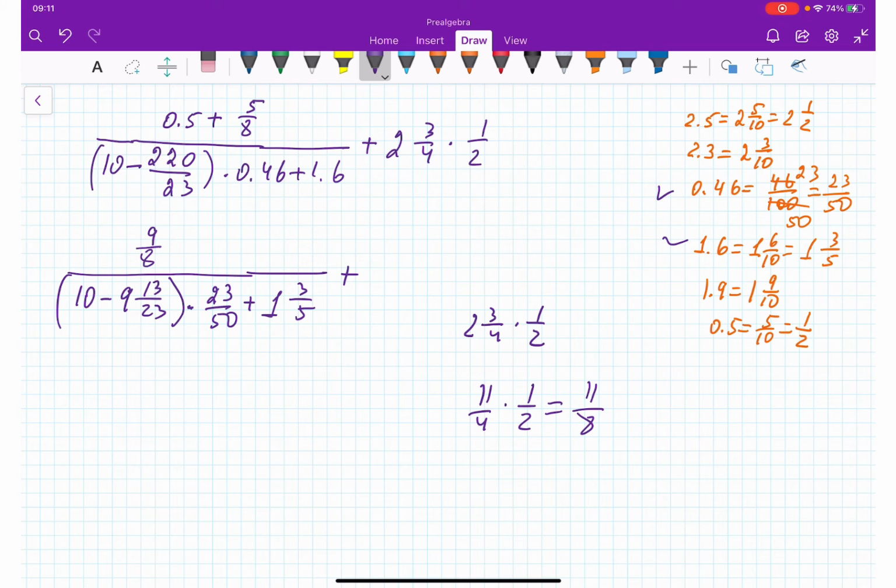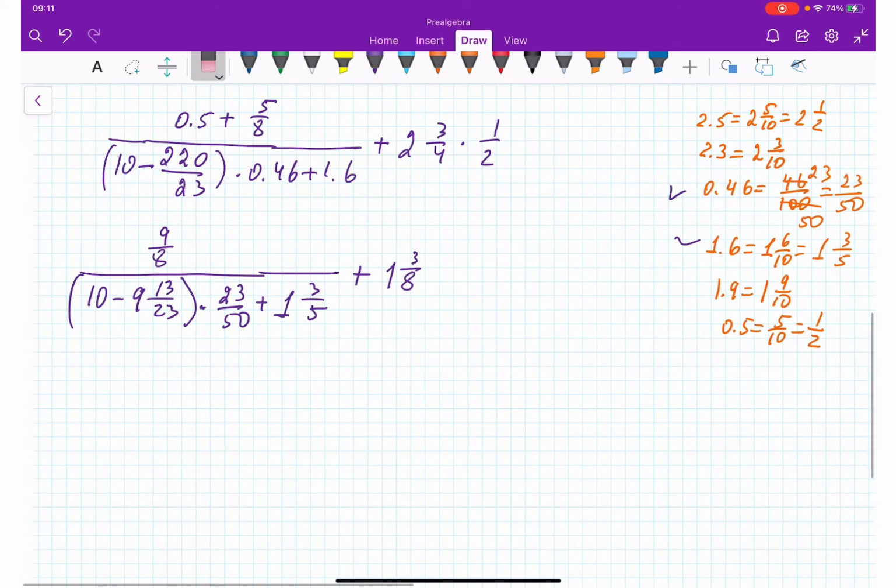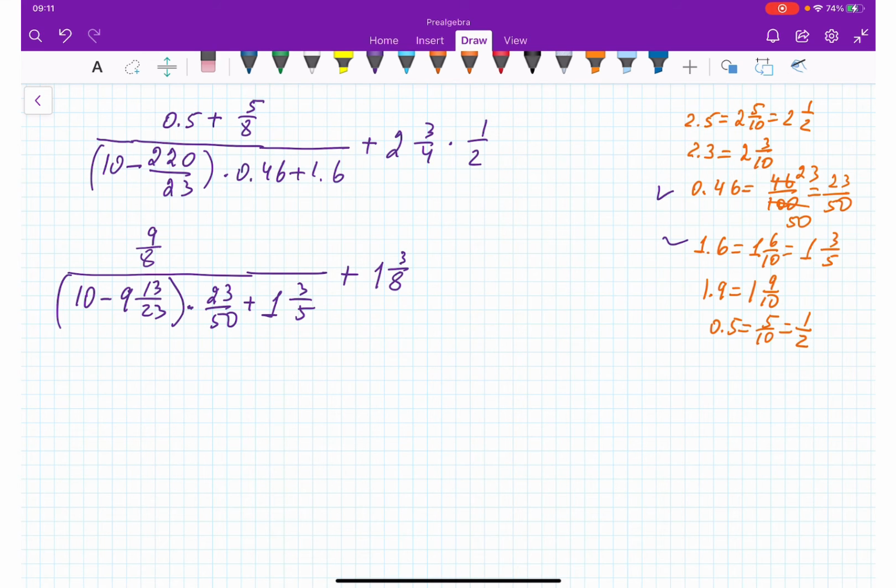So the answer is going to be 11 over 8. It's 1 and 3 over 8, right? 11 divided by 8 is 1 time. Remainder is 3, so 1 and 3/8. Next, 9 over 8.